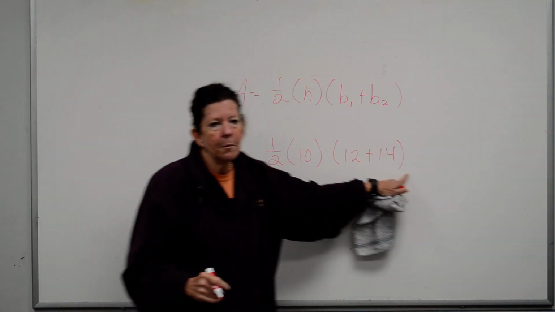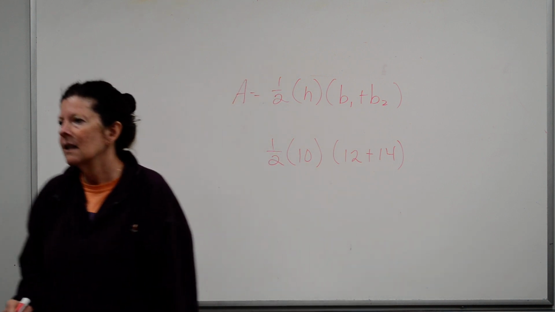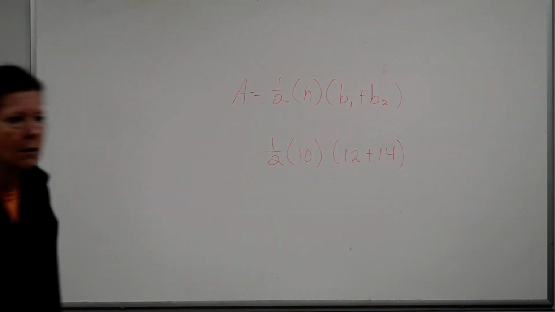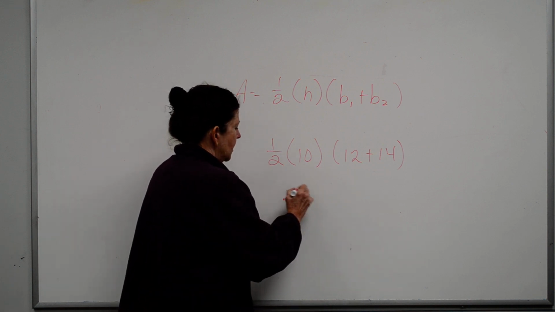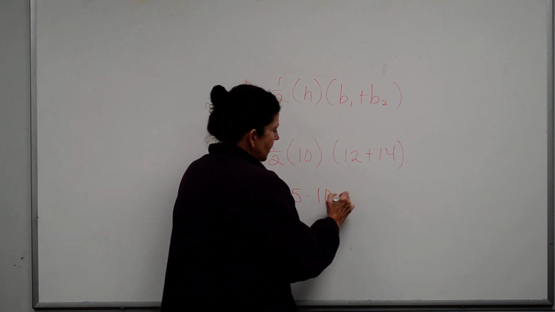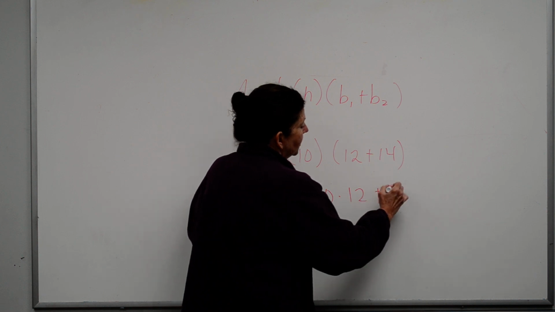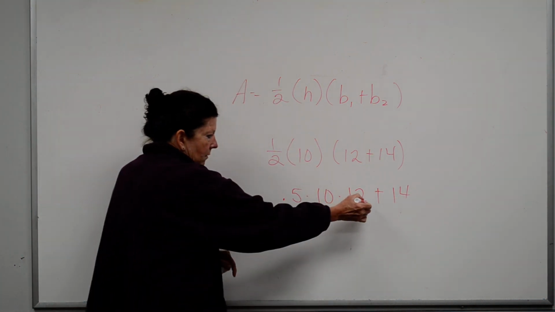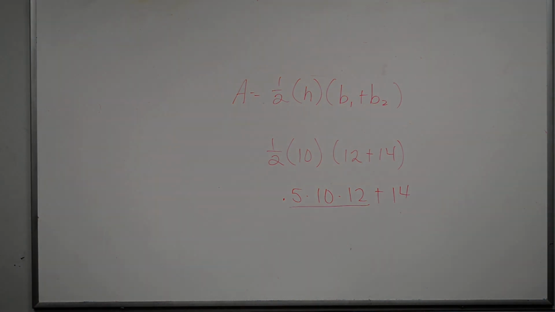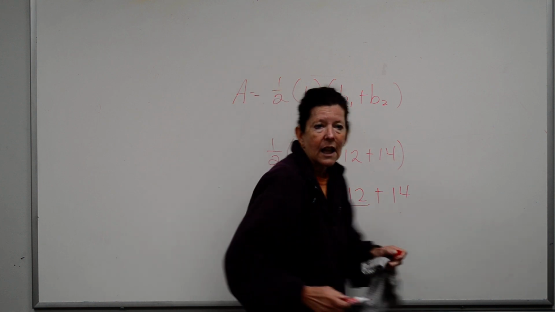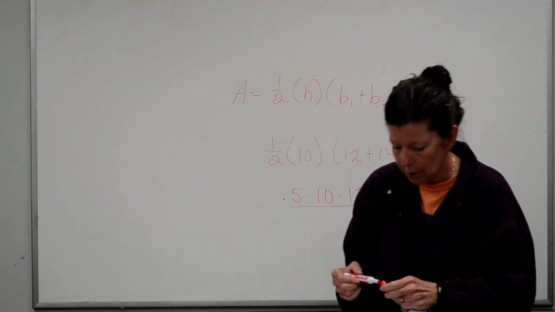If you do not put parentheses around that, the calculator will not do it right. Because if you go 0.5 times 10 times 12 plus 14, it's going to do that whole thing first, and then it's going to add 14 to your answer. So make sure you put parentheses around those last two numbers that you're adding together.